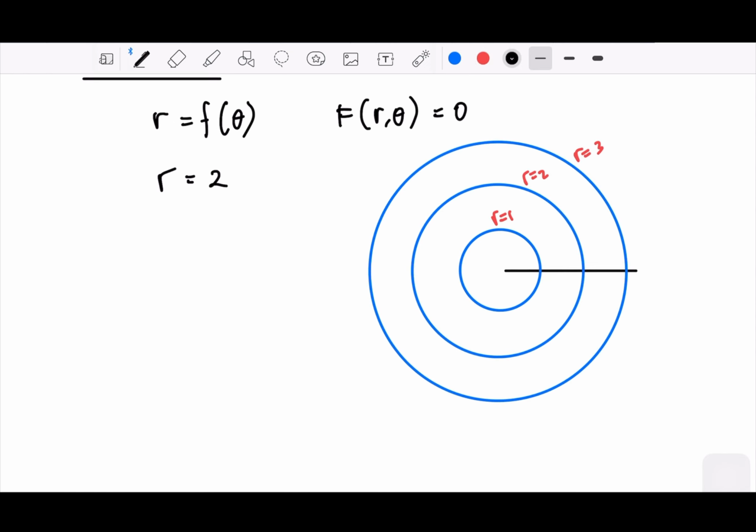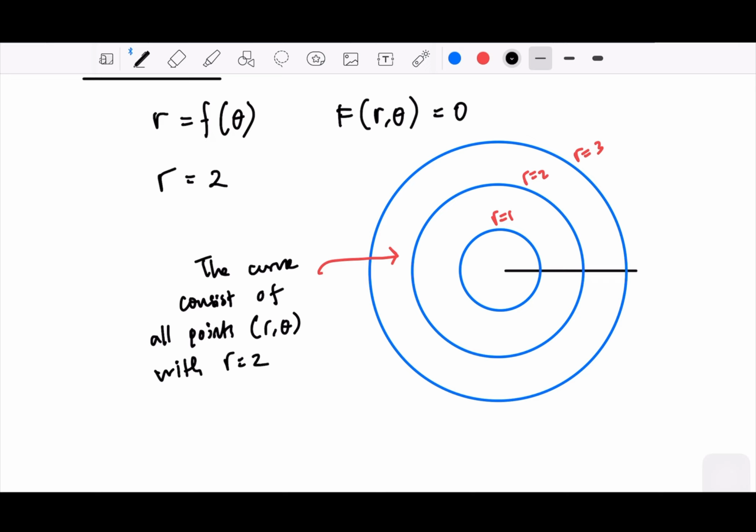The curve at this circle consists of all points with r equal 2. So in terms of polar, r equal 2 will be a circle.